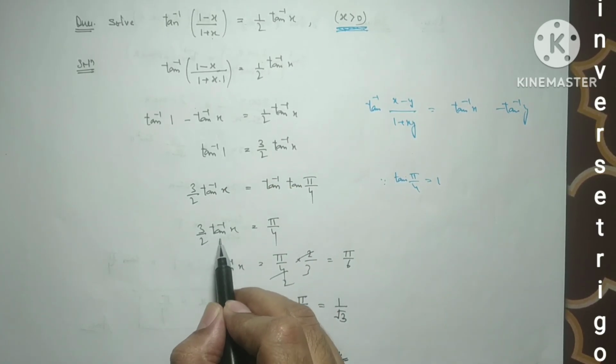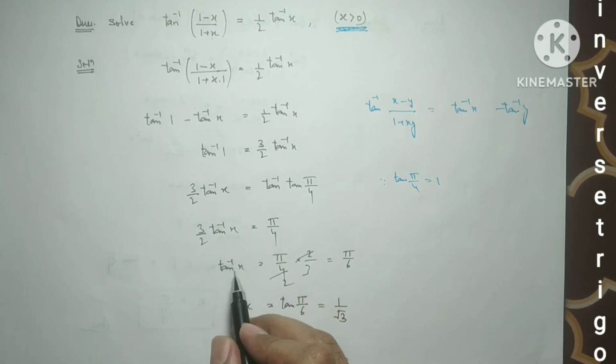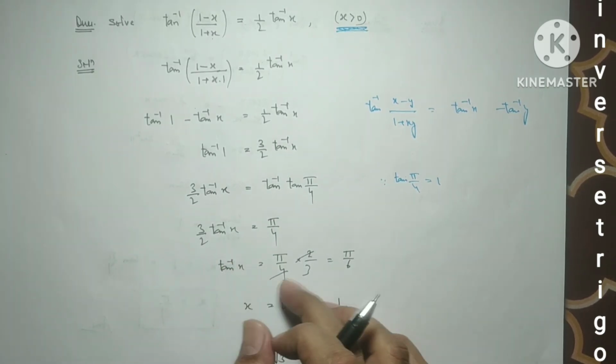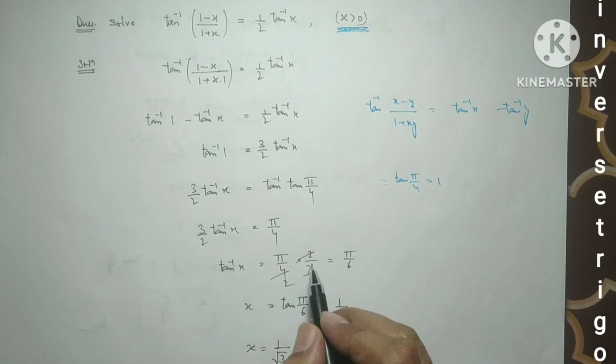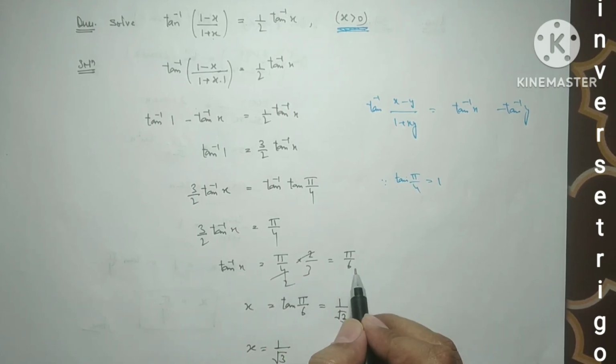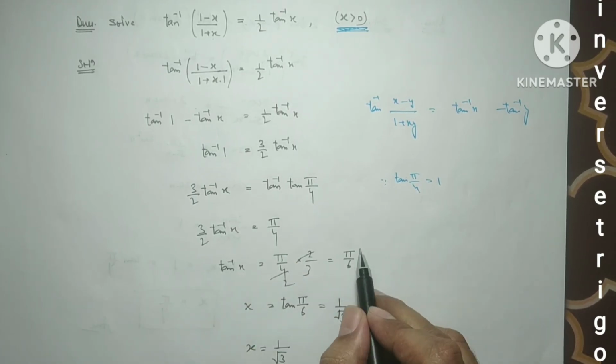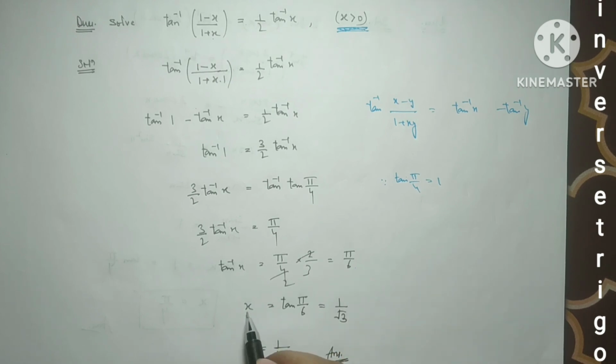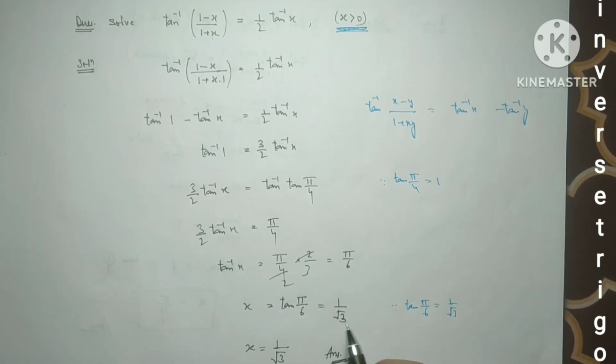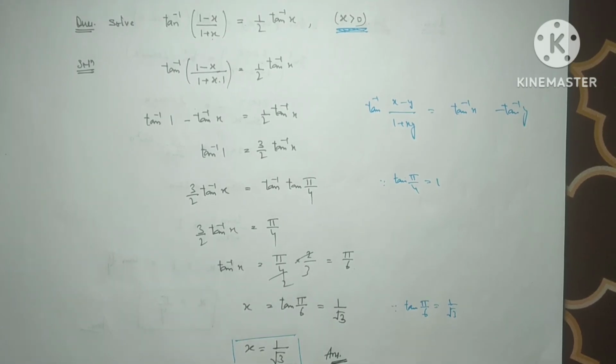It means 3 by 2 tan inverse x equals to pi by 4. So tan inverse x equals to 2 by 3 times pi by 4. Cancel out this and we get pi by 6. So tan inverse x equals to pi by 6. It means x equals to tan pi by 6. And it is clear the value of tan 30, or tan pi by 6, is 1 over root 3. So we put it here. So the value of x is 1 over root 3. So it is our answer.